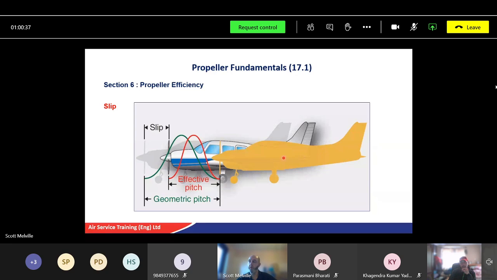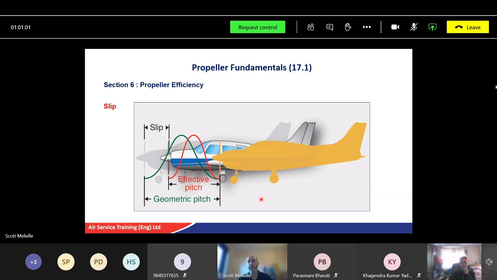In other words, how far it's moved that aircraft is only there instead of there. We'll never ever get geometric pitch. It will always be affected by the size of the aircraft, the drag factors, and that sort of thing. So geometric is the theory, effective is your actual, the difference between the two is the distance, and then convert it to a percentage. You might get asked a question like that in the exam.